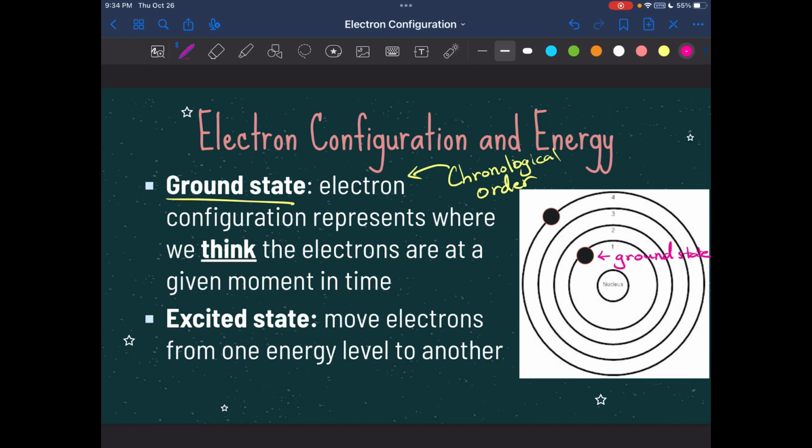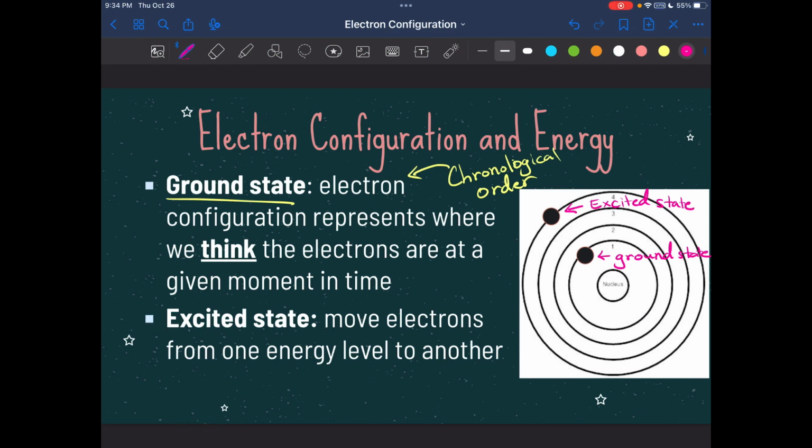And the excited state is when there are more electrons from one energy level to another. So basically electrons that aren't supposed to be there. So the excited state, on the other hand, is right here. Okay? That's where the ground state and excited states are located.